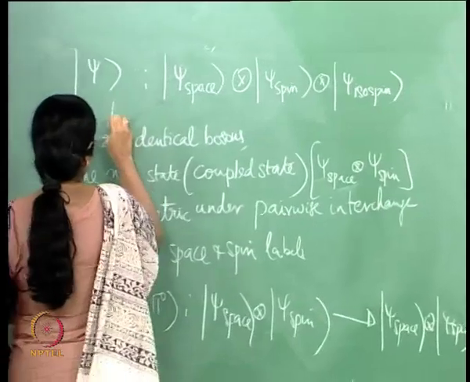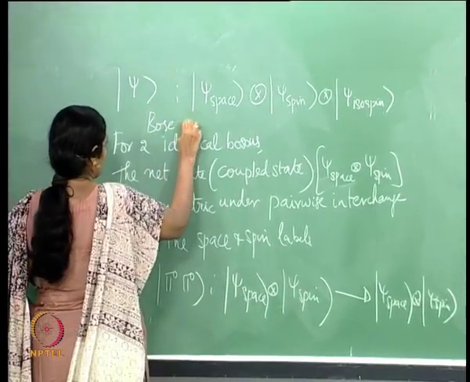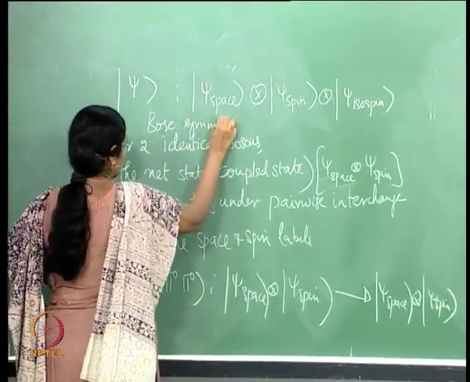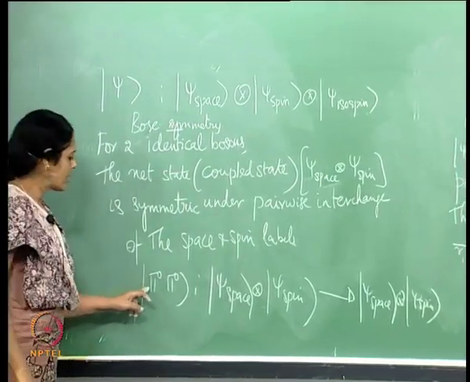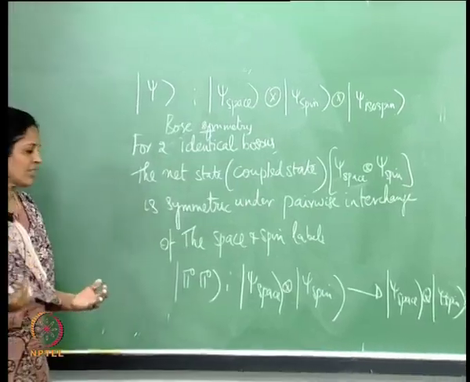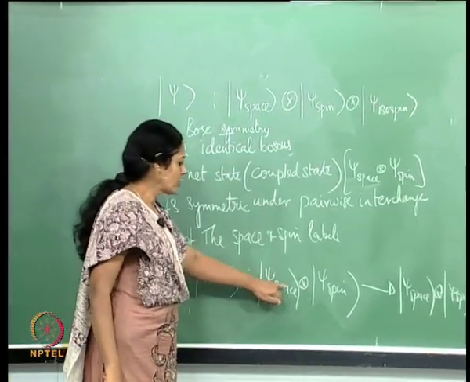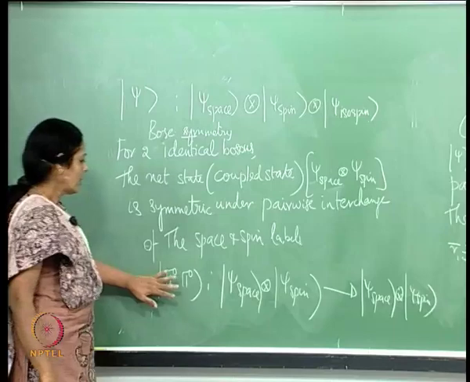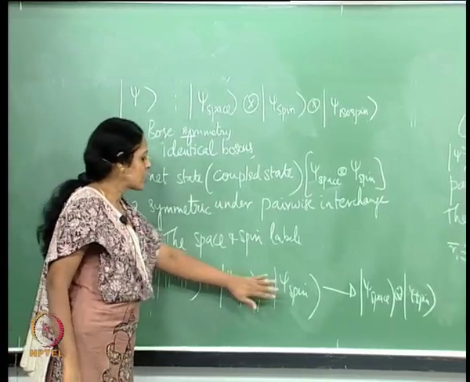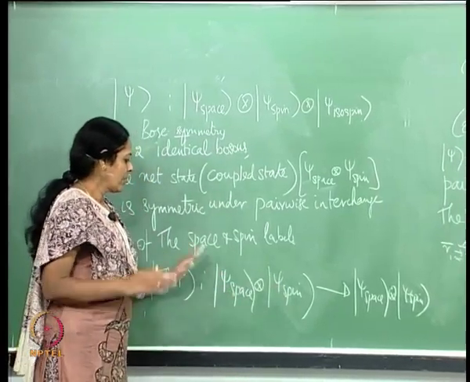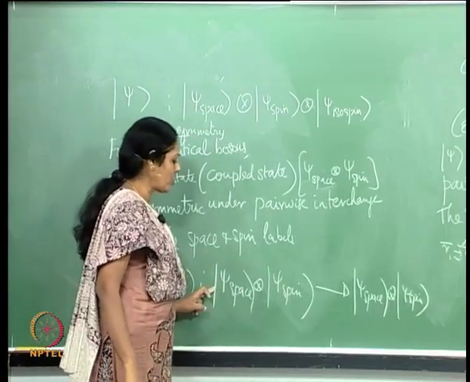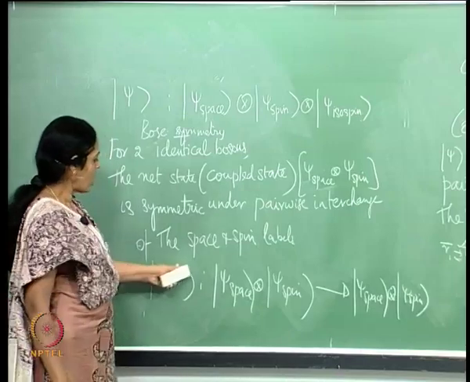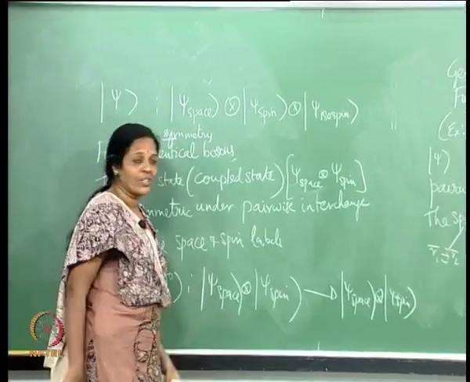We have already seen that since pi 0, pi 0 are identical bosons, under interchange of the space and spin labels, the net space spin part of its state does not change, it just picks up an overall positive sign. But they also happen to be isopartners. Pi naught is its own isopartner.